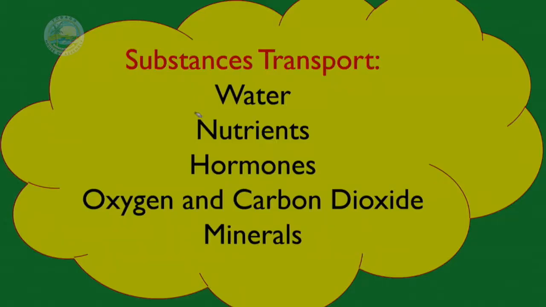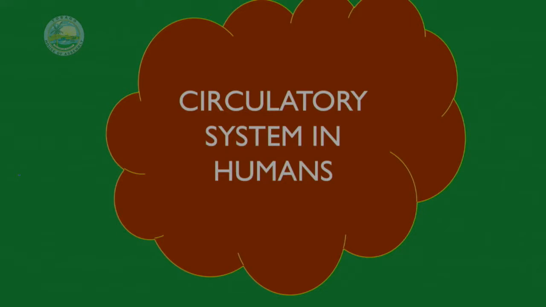Okay, so what substances do we transport around the body? We transport substances like water, nutrients, hormones, oxygen and carbon dioxide, of course, and minerals. So let us now look specifically at transport in humans, otherwise called the circulatory system.